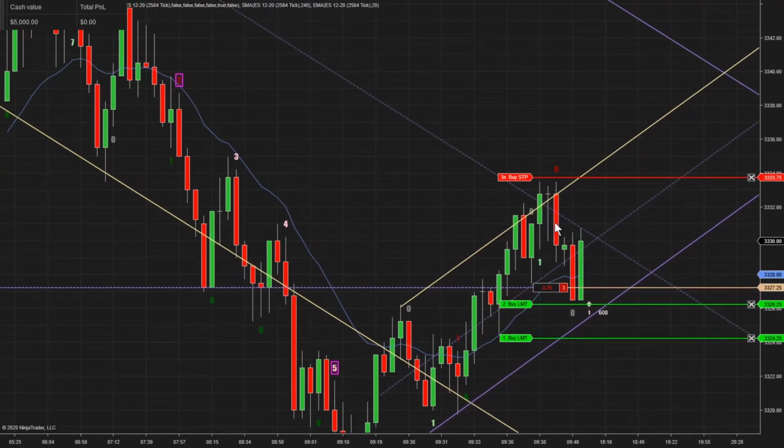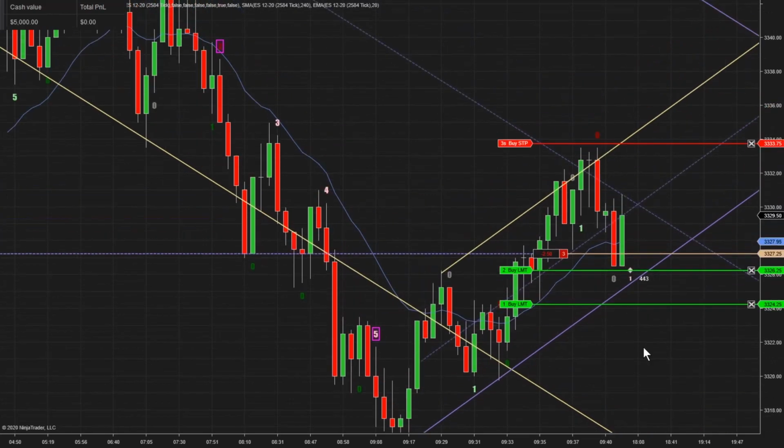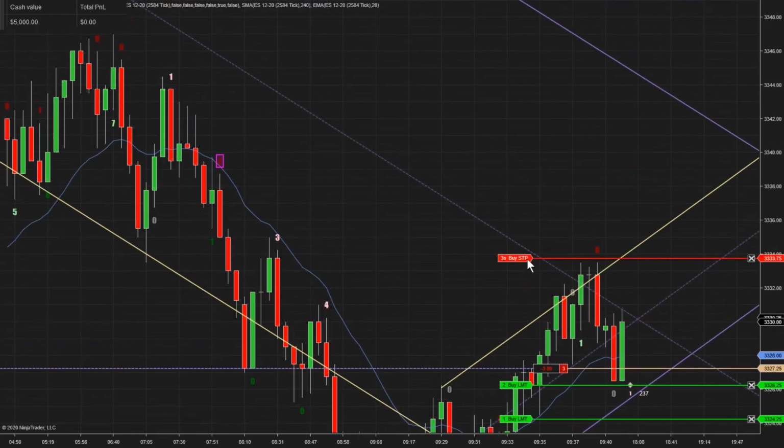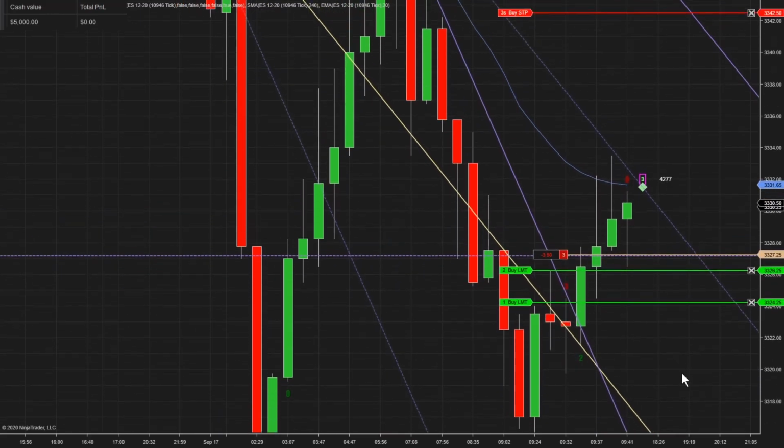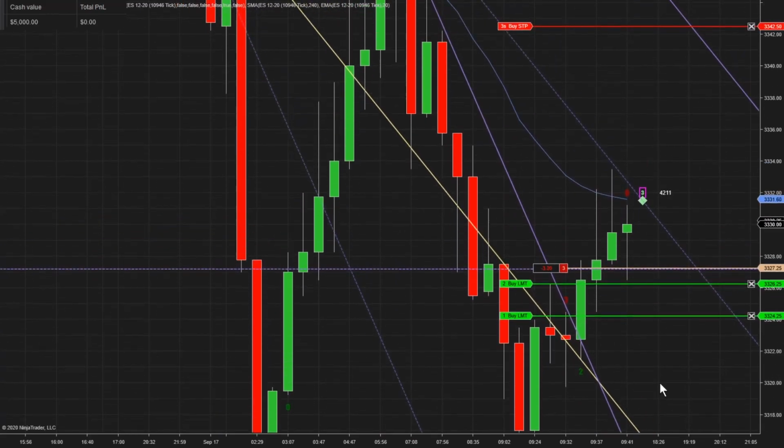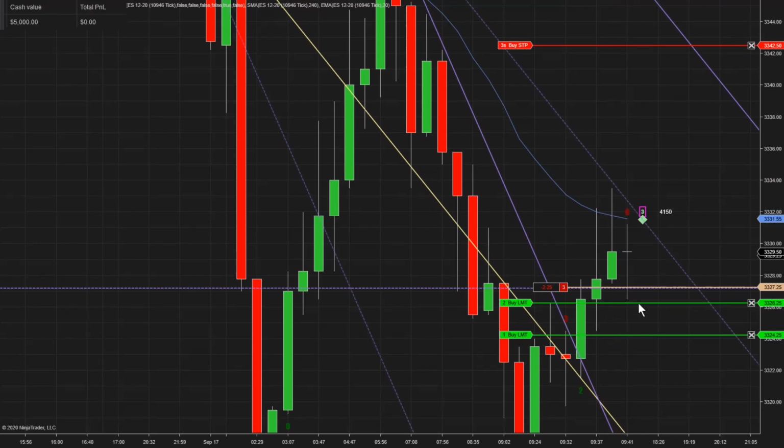Okay, strong reversal bar. The 10K chart is being a little rebellious, but still in it.